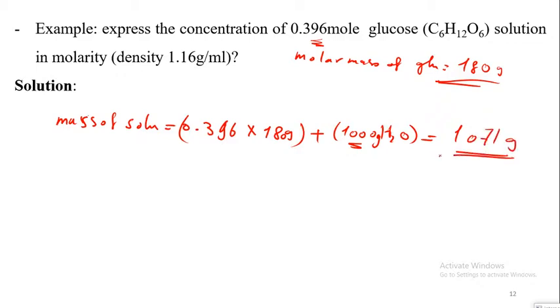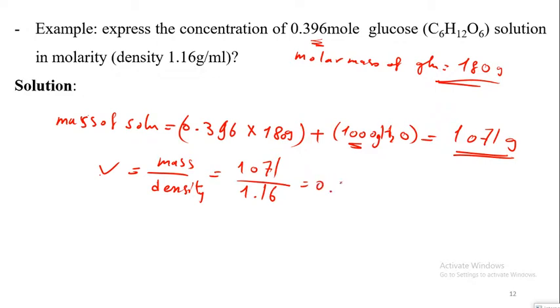Now I know the number of grams of my solution. From the relation volume is equal to mass divided by density, I can get the volume of my solution. So it will be equal to 1071 divided by my density, which is 1.16. This means my volume is equal to 0.9023 liter. Now I know my volume and I know my moles.